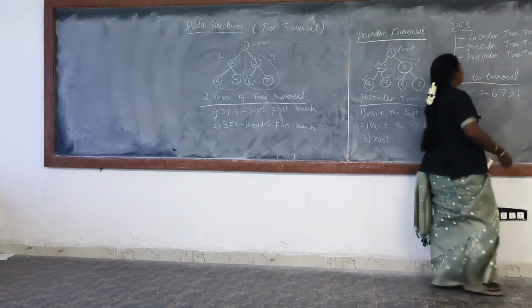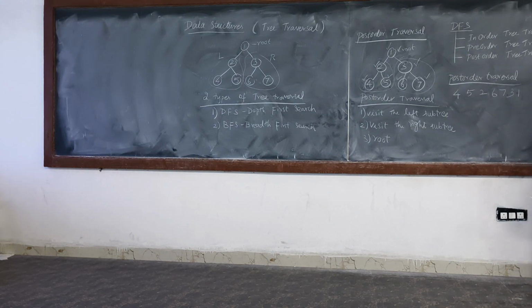In in order, the tree traversal happens like you have to visit the left first, root and then right. In pre-order traversal, you have to visit root first, left and then right. And in post-order traversal, you have to visit the left, right and then root.